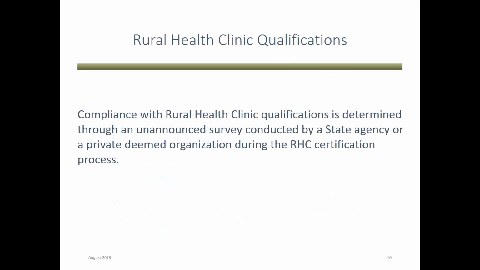All 6 of the qualifications that we talked about, the location in a rural area, the current designation as an underserved area, the provision of outpatient primary care services, the mid-level practitioner requirement, as well as the medical direction and the furnishing of the 6 basic lab services are verified through an on-site survey prior to rural health clinic certification.